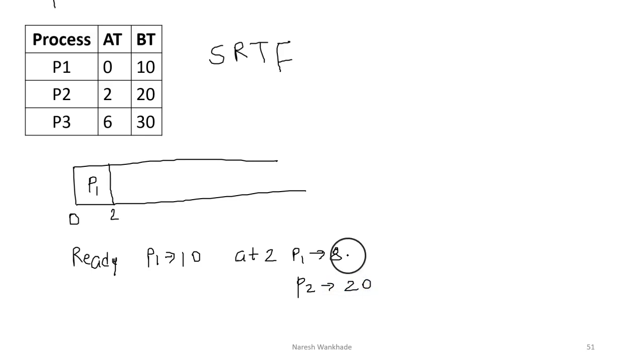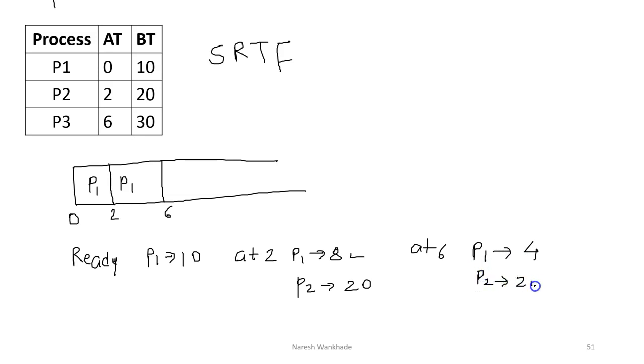Here P1's remaining time is 8, which means P1 will continue to execute. For how much time? Up to 6, that is 4 more units. It means at 6, process P1 requires 4 units to complete, that is the remaining time.